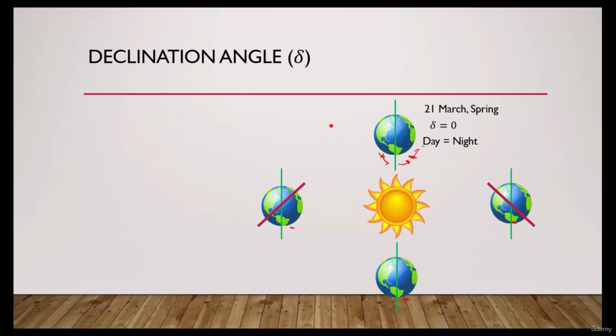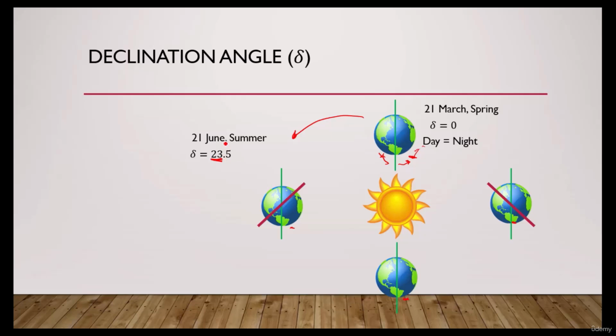After a quarter of a year, we get to 21st June, the summertime. The delta angle is going to be equal to 23.5. So the declination angle varies from 0 up to 23.5 until it reaches its maximum value at 23.5.